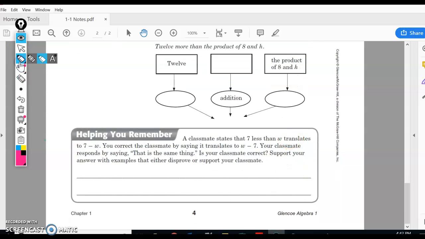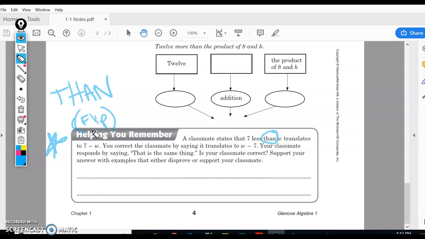The key word is right here: than. So whenever you see the word than, think about flipping. You're going to flip the way the numbers are written.